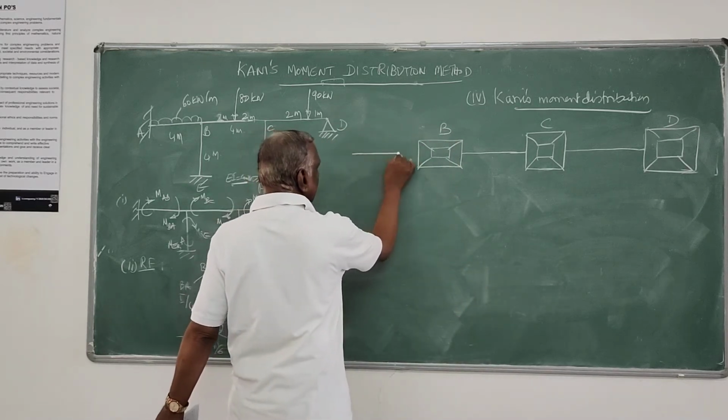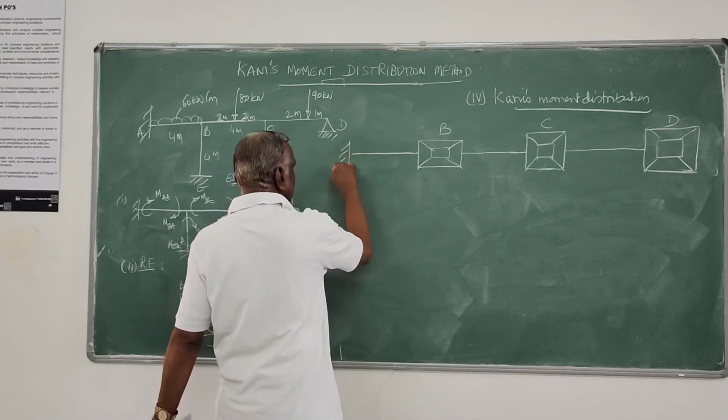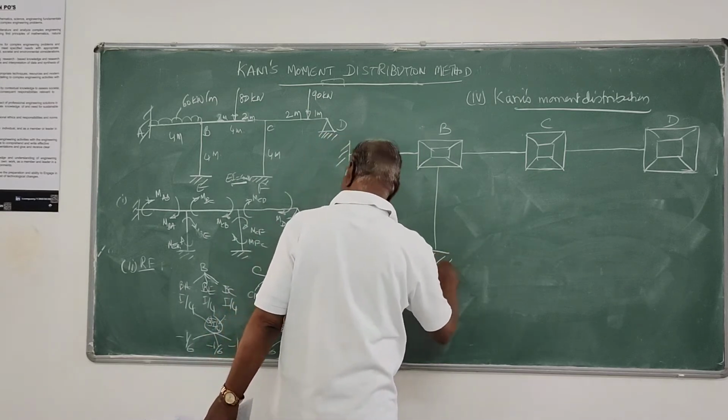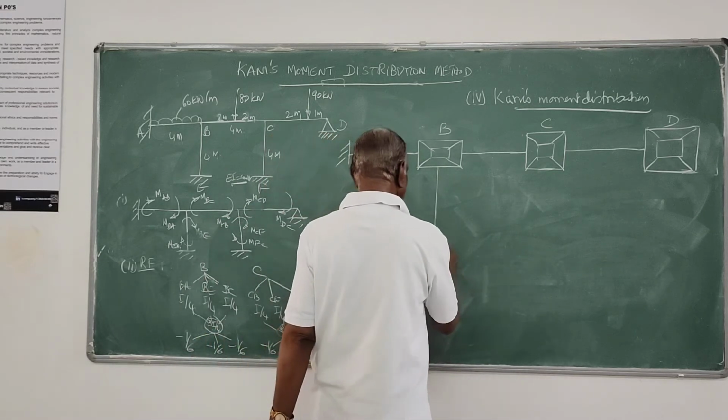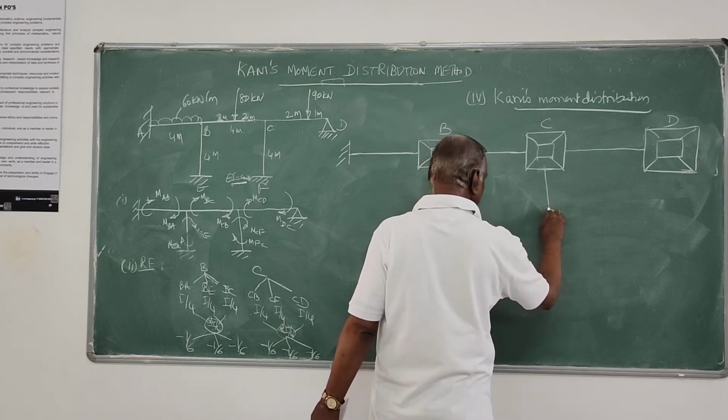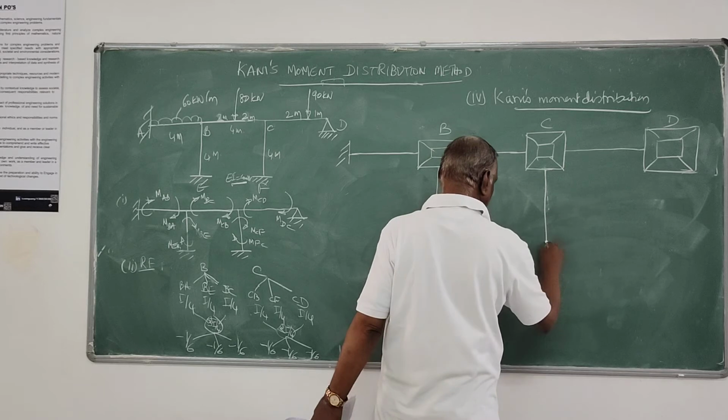Then joint A, joint E, that's also fixed, joint F, that's also fixed.